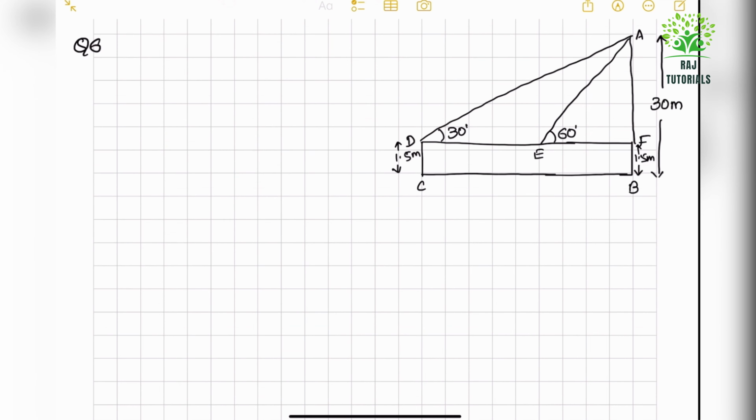Now a 1.5 meter tall boy is standing at some distance from a 30 meter tall building. The angle of elevation from his eyes to the top of the building increases from 30 to 60 as he walks towards the building. Find the distance he walked towards the building.